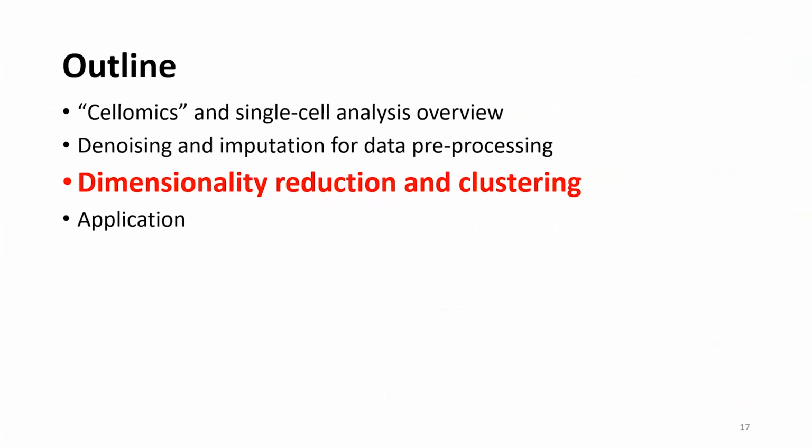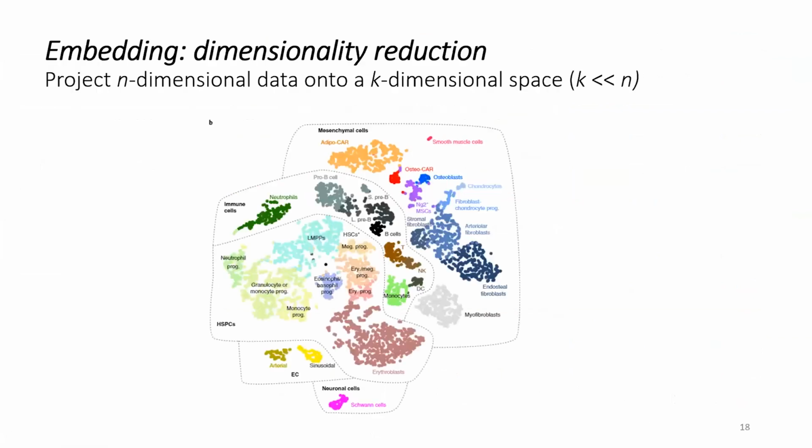Okay, I'm going to quickly talk about dimensionality reduction and clustering. One of the major tasks in single cell analysis is to convert each cell, which is represented by several thousand genes in a high dimensional space, into a lower dimensional space so humans can visualize and explore it.